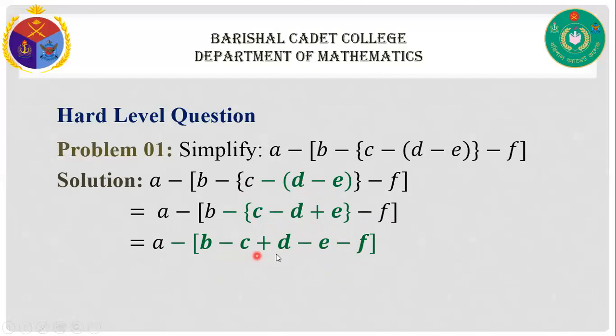So this is the third bracket, we need to remove the third bracket, and before the third bracket we have a negative sign, so the sign will be changed inside the third bracket. So we get a minus b plus c minus d plus e plus f. So the final simplification result is a minus b plus c minus d plus e plus f.